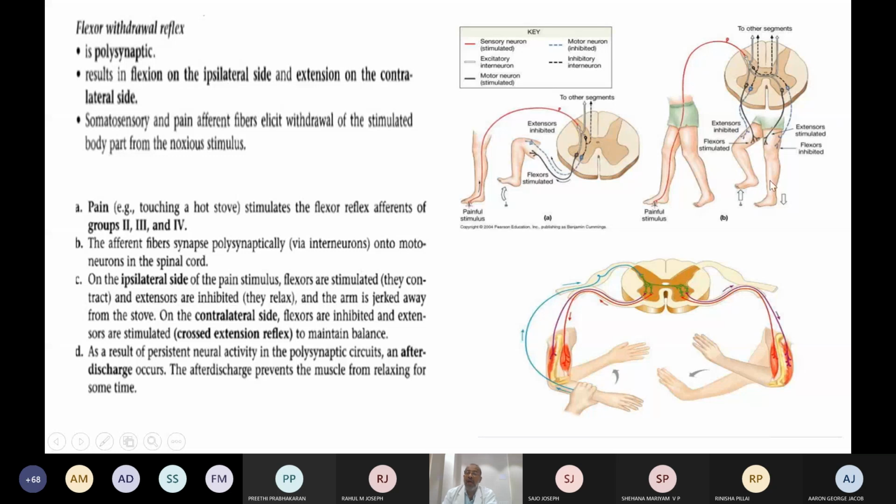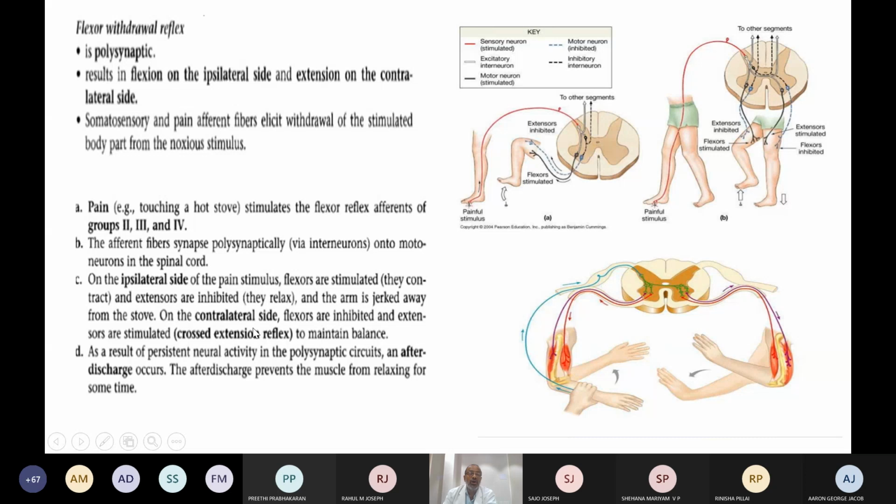So you are going to have the same thing. When there is a painful stimulus to the hand, the hand is withdrawn from the source, and the opposite hand is moved away, that is extension. This is flexion, this is extension. This is a polysynaptic reflex: on the ipsilateral side flexion, on the opposite side extension.